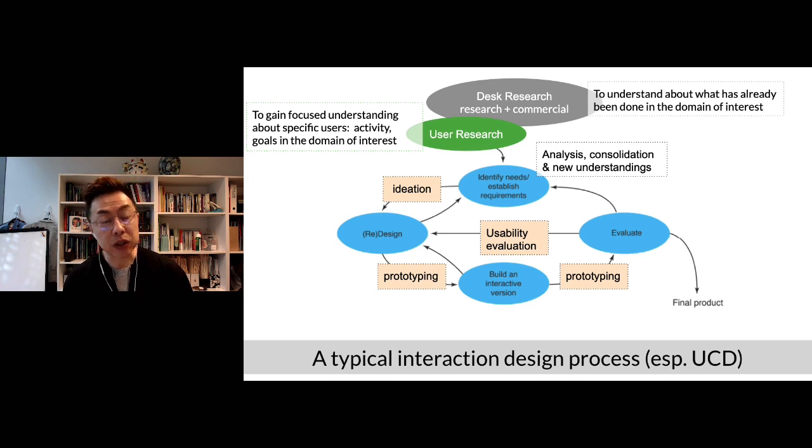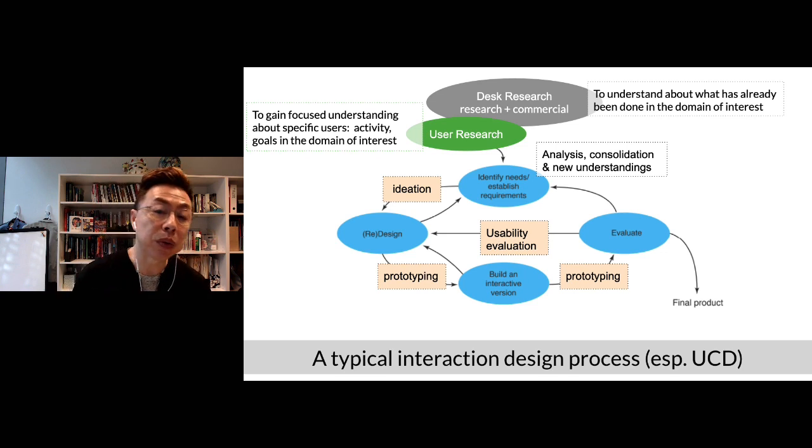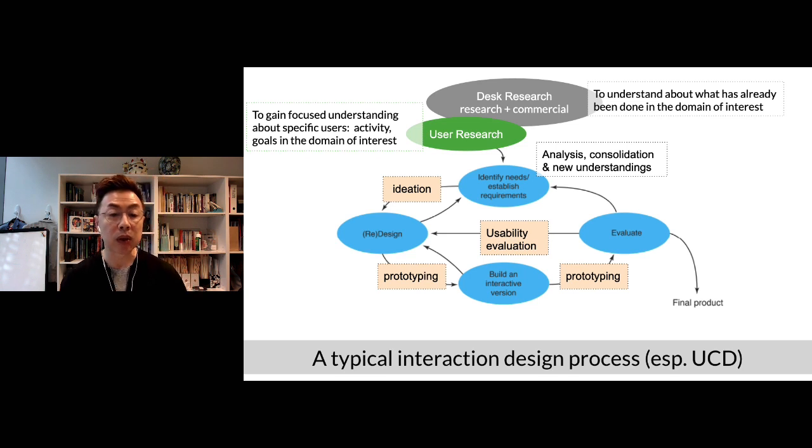That would also feed into the needs and the requirements of your users. And through an ideation process, you'll come up with a couple of design ideas, and then you prototype and build an interactive version. You go back to redesign after some sort of evaluation, and you keep prototyping and evaluating and going back to redesign until you come up with a final prototype.